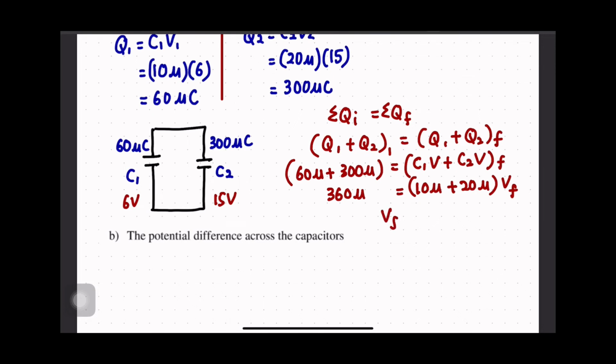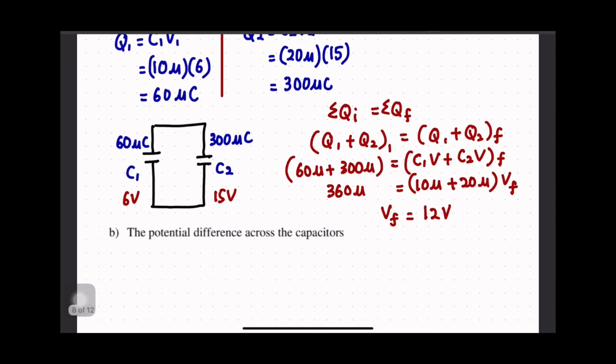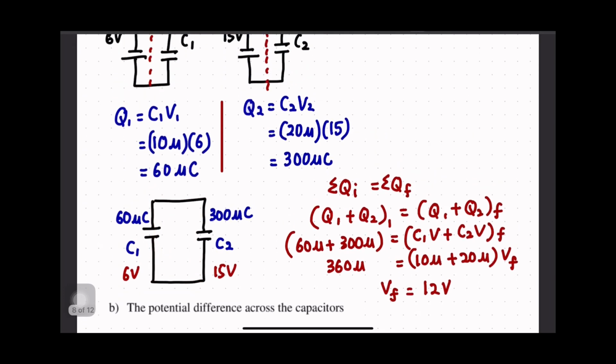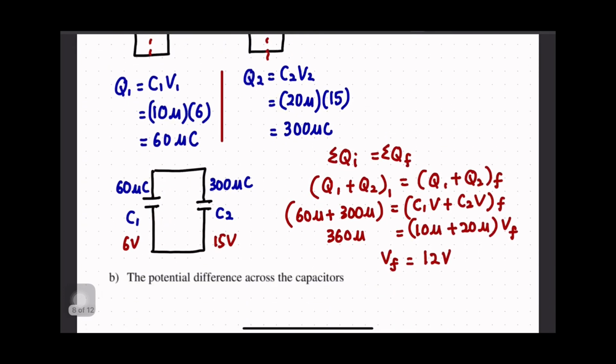So V final is equal to 360 micro divided by 30 micro. So you akan dapat 12 volt. Okay, so ni adalah V final lah. Maksudnya V yang dia akan reach bila balance potential difference. So dia akan berhenti derma charge bila potential difference across each capacitor is 12 volt.